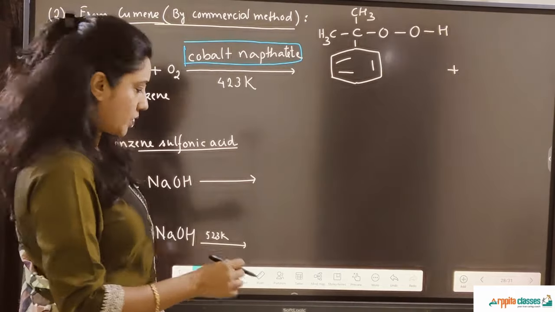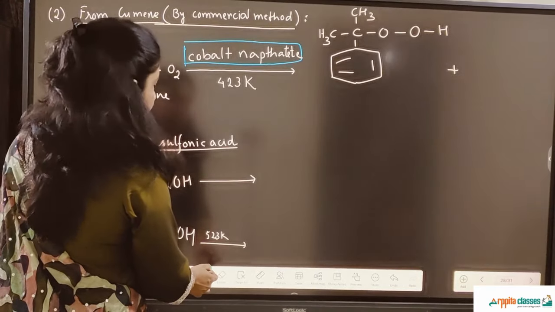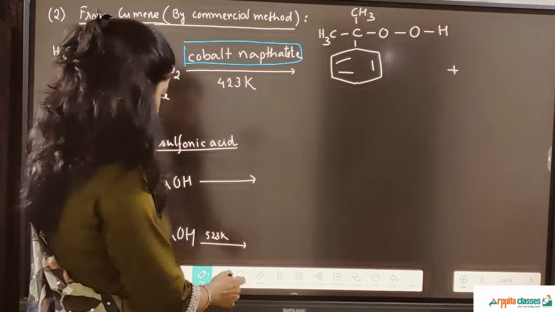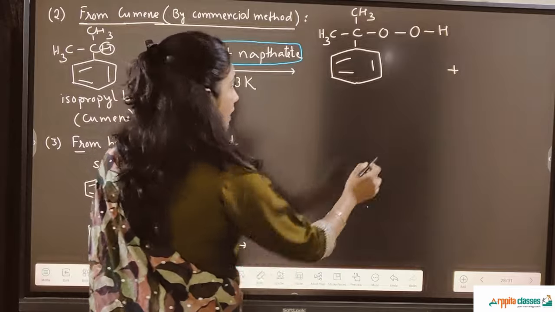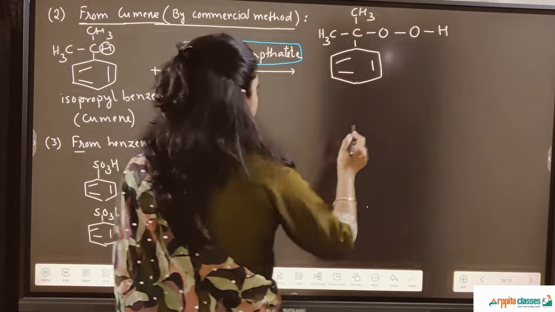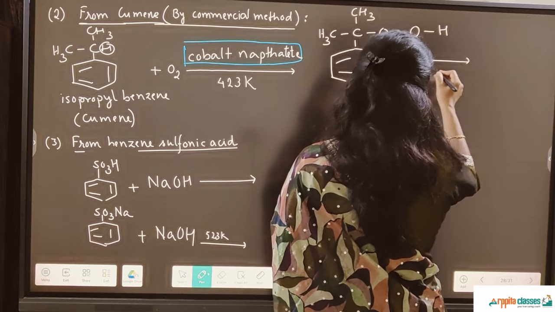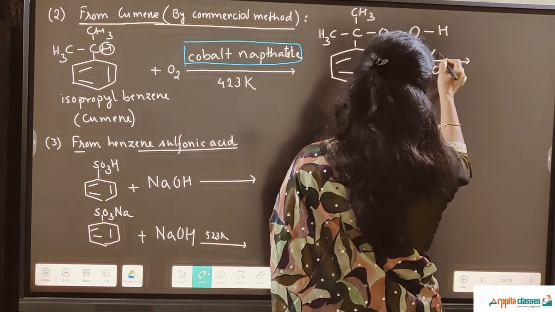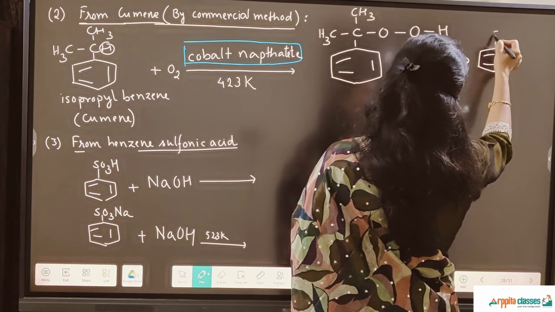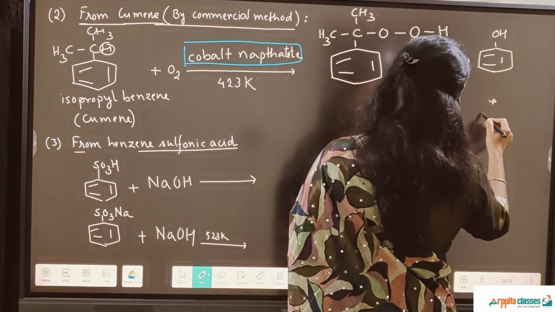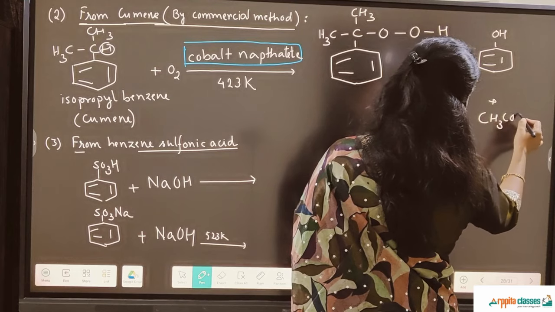Okay, so we get a peroxide linkage, and then we treat this compound with hydrochloric acid. That means we are acidifying it with hydrochloric acid with a little bit of heat. We get phenol, and another byproduct is CH3COCH3.